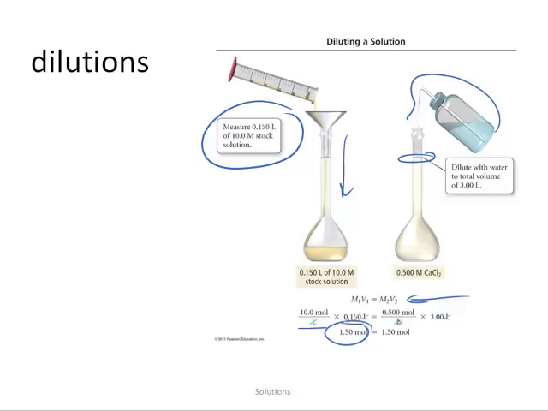And then doing the same with the diluted concentration, 0.5 molar, multiplying by the new volume, 3 liters, you get the same number of moles. Okay, and so if you know any of the three variables, you can calculate the fourth using this simple calculation.